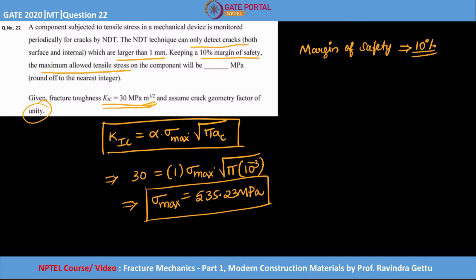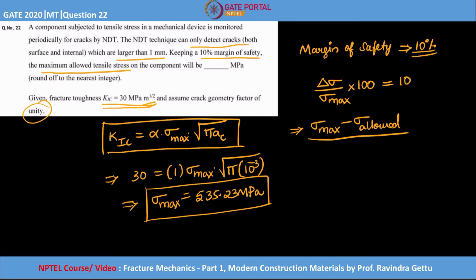Margin of safety is delta sigma by sigma max into 100, which is equal to 10%, which is given. Delta sigma is sigma maximum minus what is actually allowed by the machine. So (sigma maximum minus sigma allowed) by sigma max, into 100, is equal to 10.